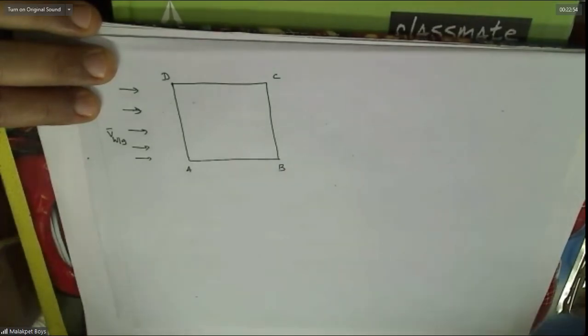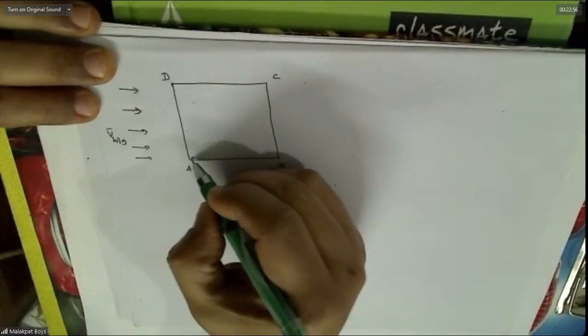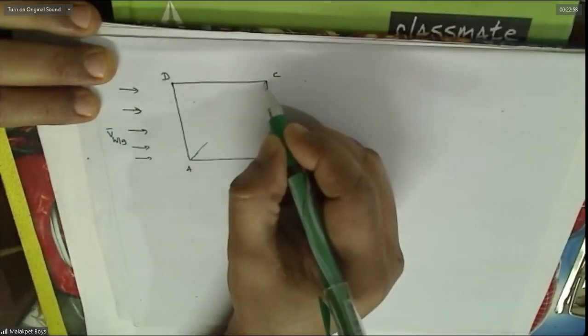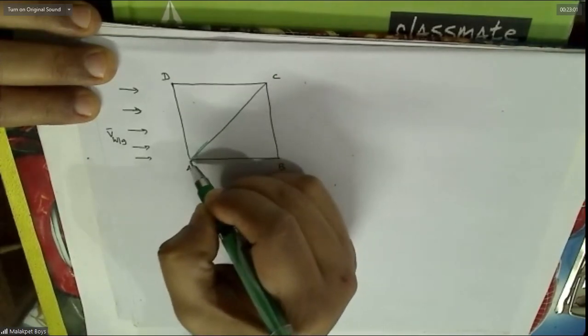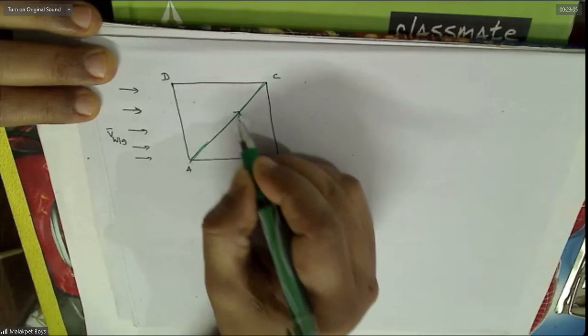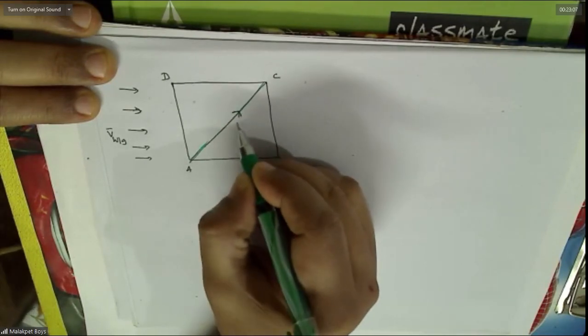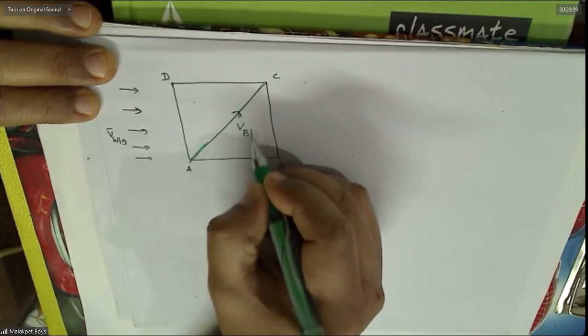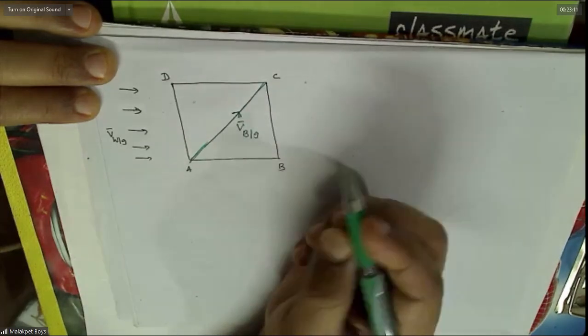Now that fellow should reach this one. This means this is velocity of that bird with respect to ground. This is fixed or not? He gave that only, no?